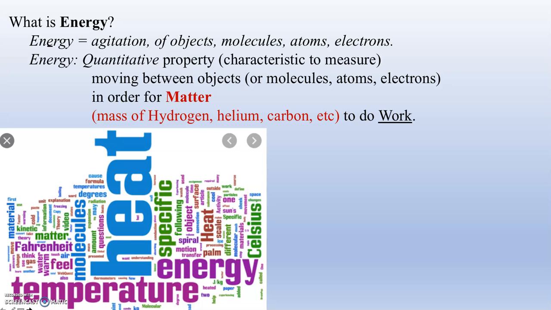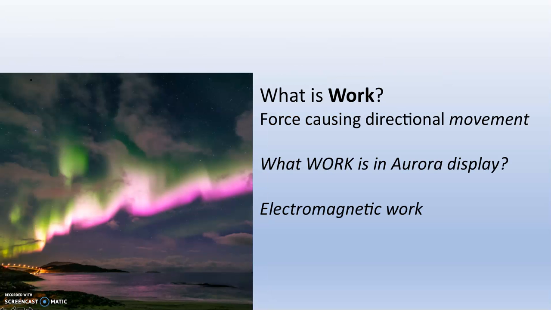And when you think about energy and measuring it to do work, you might say, well, what work do we do in astronomy? And here's a great example, just to think about the aurora that was in place just this week. That aurora is doing work of powering the atmosphere with electromagnetic energy. So that's doing electromagnetic work there.